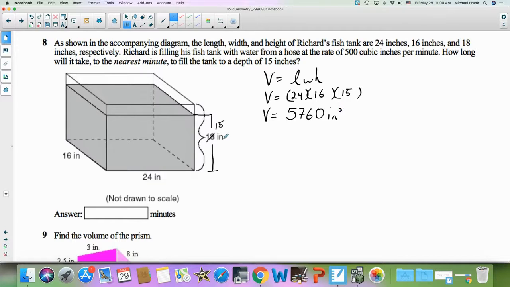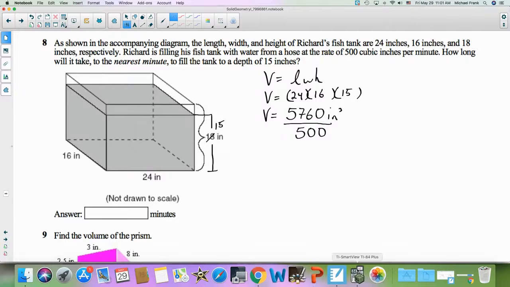of water. Well, if we know that that's how much water is being pumped in here, and for every 500 it takes a minute, let's see how many times 500 goes into this volume. For every 500 of it, it's going to take 1 minute.